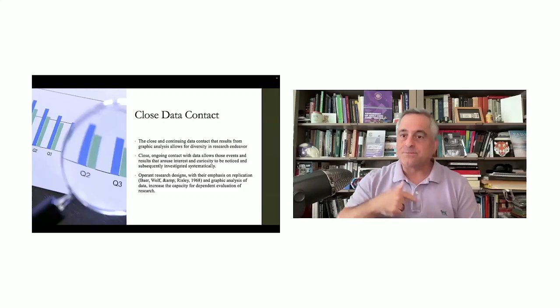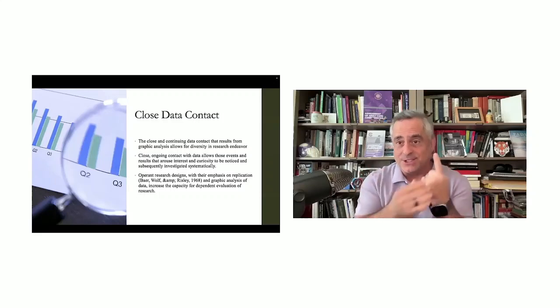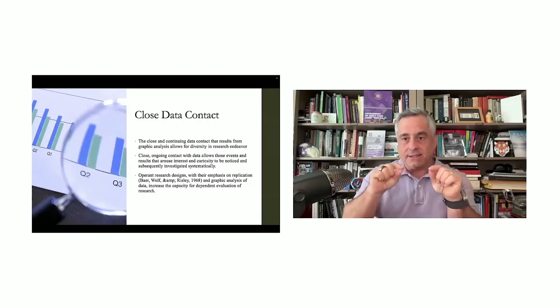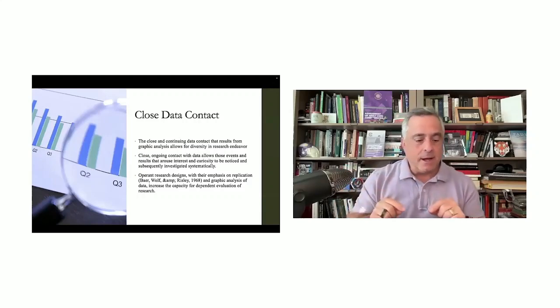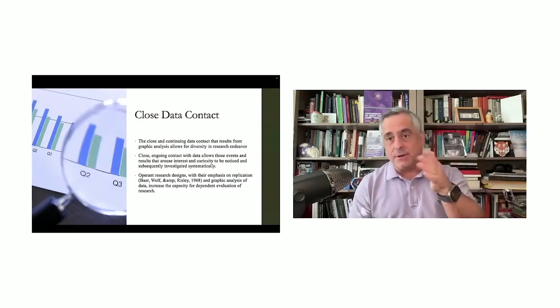So close, ongoing contact with data allows the events and the results that we're looking at, in the first case, hygiene, in the second case, pica and dangerous behavior, that allows those results that we're interested in to be noticed and to look at it systematically, over time. Everybody listening today, I'm sure you have a client that maybe once a year they engage in severe problem behavior.